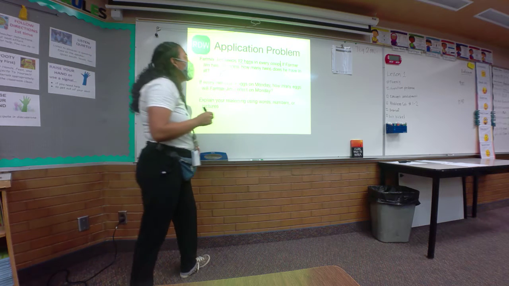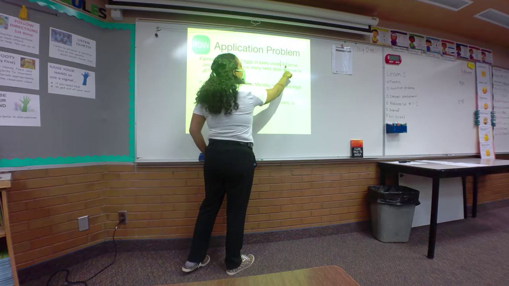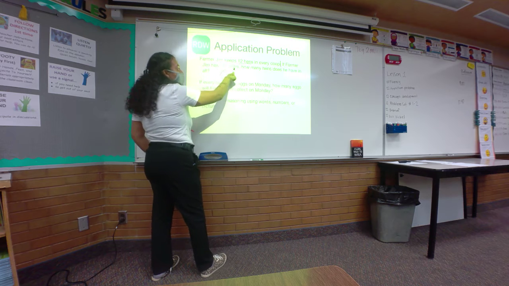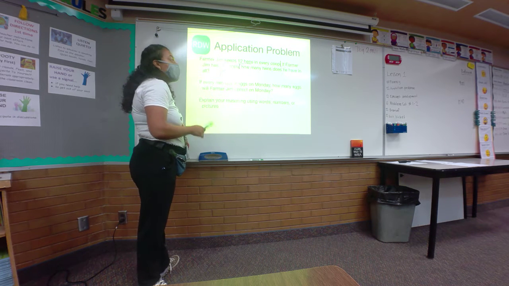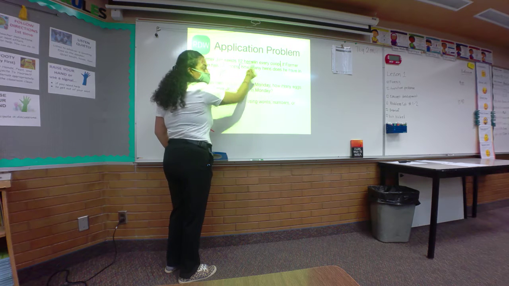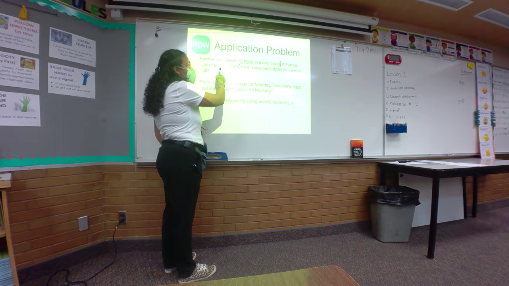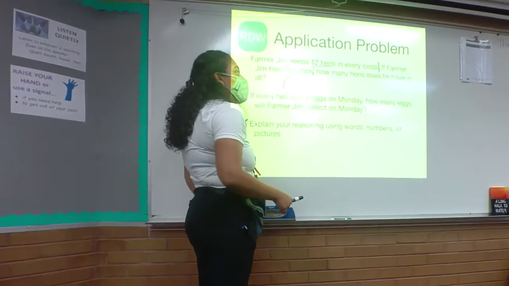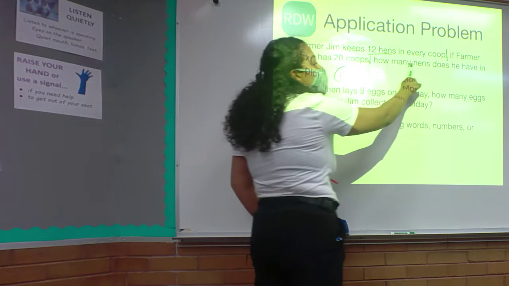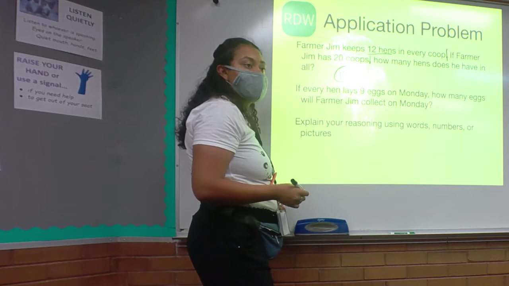Okay, keep going. If Farmer Jim has 20 coops, stop. We know he has 12 hens in every coop. And we know he has 20 coops. That's a hen house, okay? It's called a coop. Okay, how many hens does he have in all?